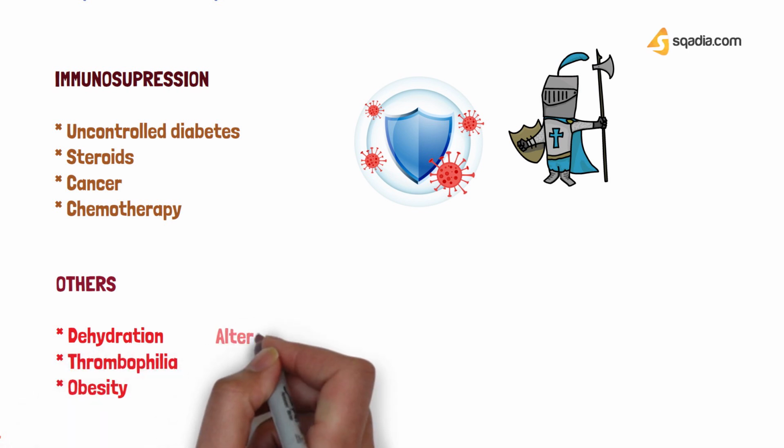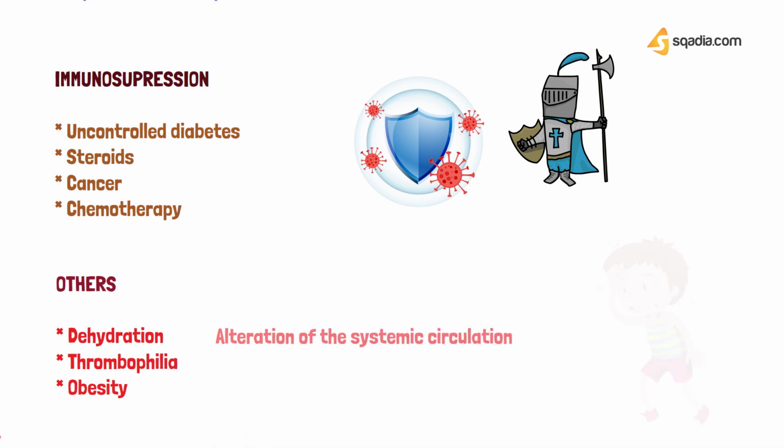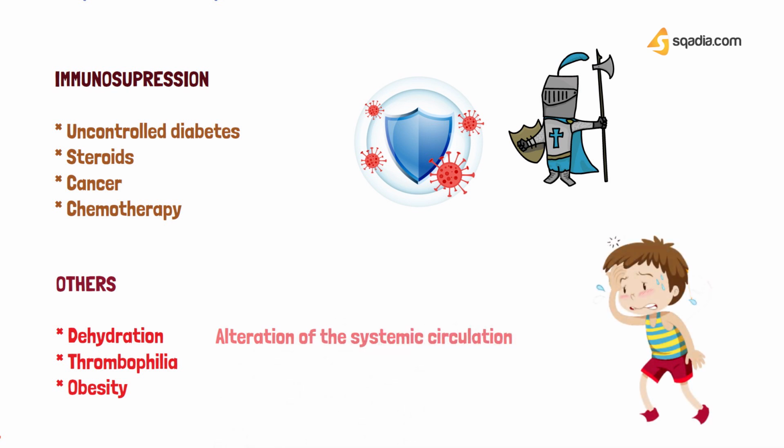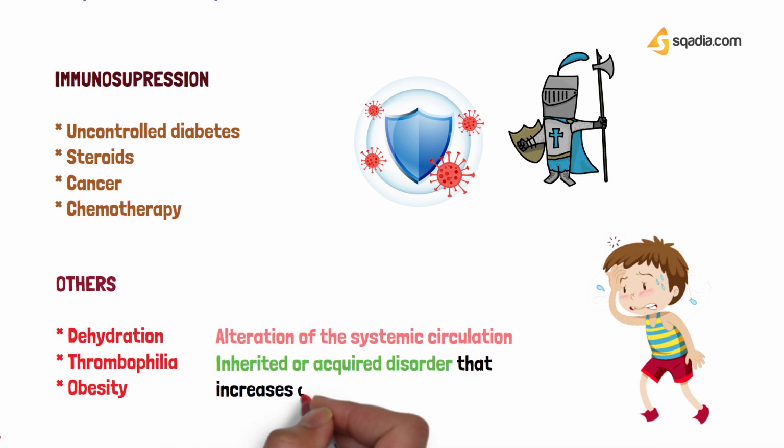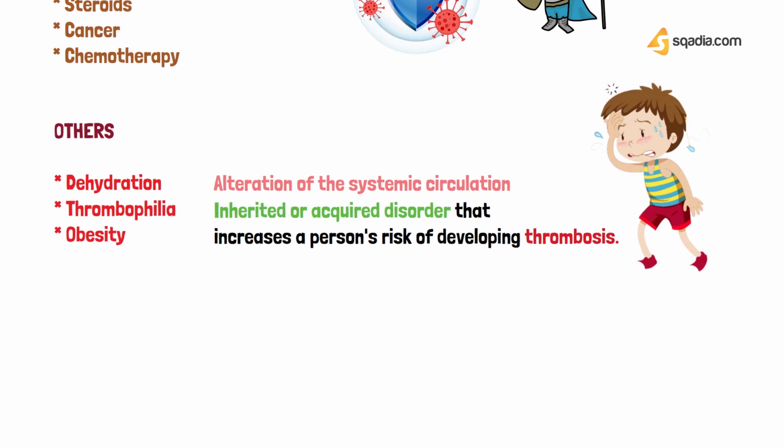In dehydration, there is an alteration of the systemic circulation which makes a person more vulnerable to being infected with cavernous sinus thrombosis. Also, in thrombophilia, there is an increased chance of an individual to develop thrombosis. So, a person is more likely to develop a thrombus who has a history of thrombophilia.